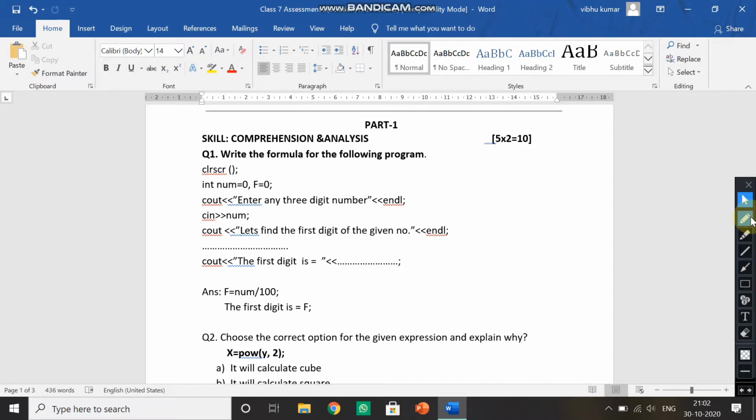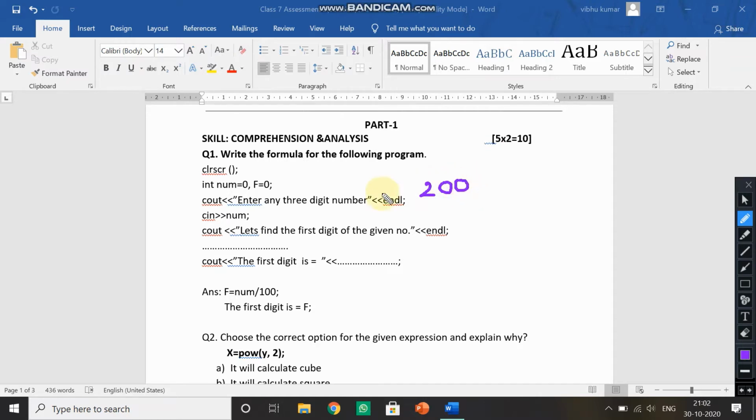So as you know, in this question it was asked to write the formula. So let us see which formula we have to write. Here the question is int num is equal to 0, f is equal to 0. Enter any 3-digit number. Suppose the 3-digit number is 200 here.